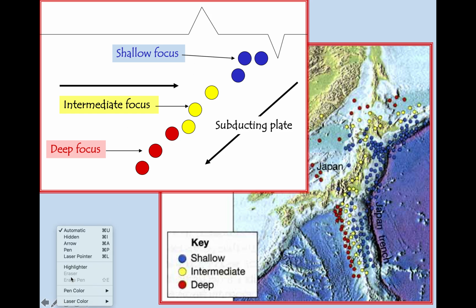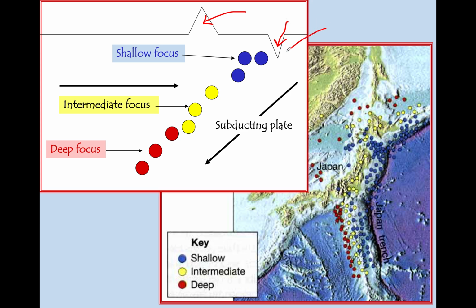I'm going to bust out the pen, and I'll go with red again. This right here is the trench, and this right here is Japan. You can label that in your notes pack, please. We have this oceanic crust subducting.